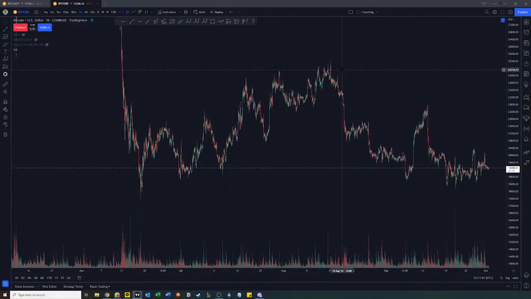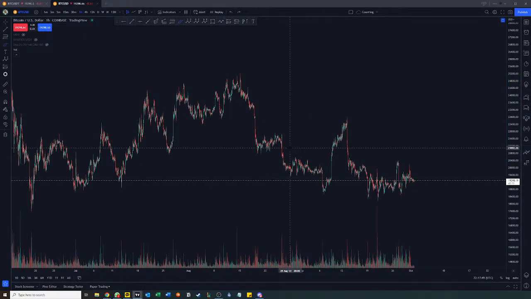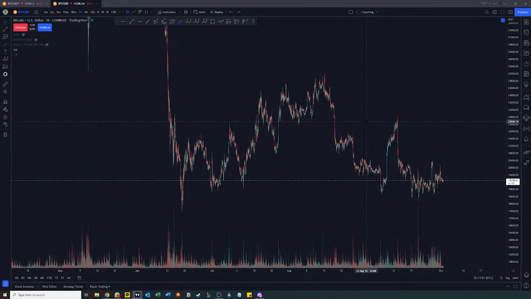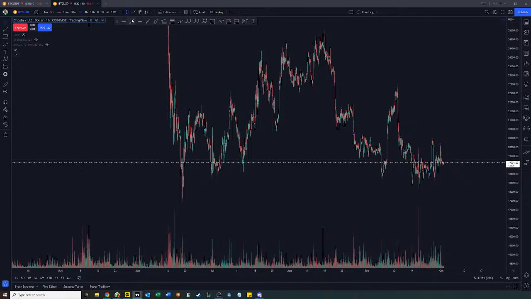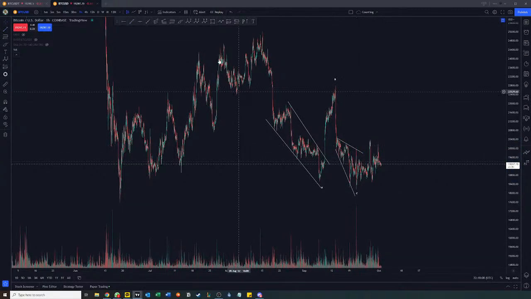So if this is an ABC, and going downwards, corrective wave is AB 1, 2, 3, 4. How did it go? I can't remember, but it's also ending with an ending diagonal like this. And this makes an A and a B and a C coming down like this.